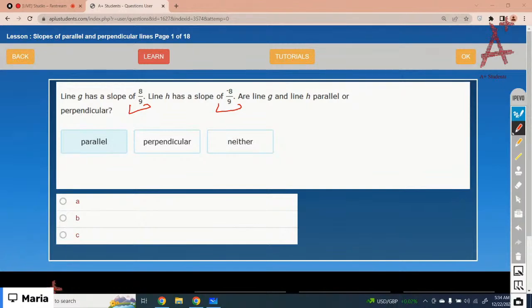They are not perpendicular. If they are perpendicular, the product of their slopes must equal negative 1. They are parallel, I think. Let me just confirm.